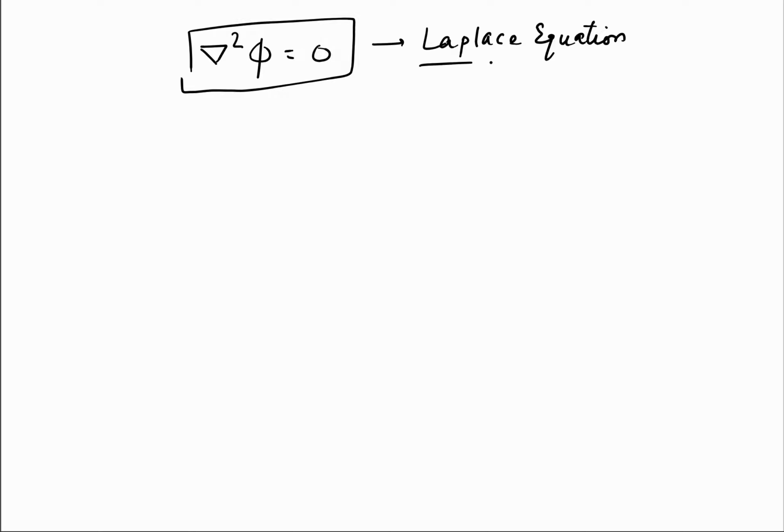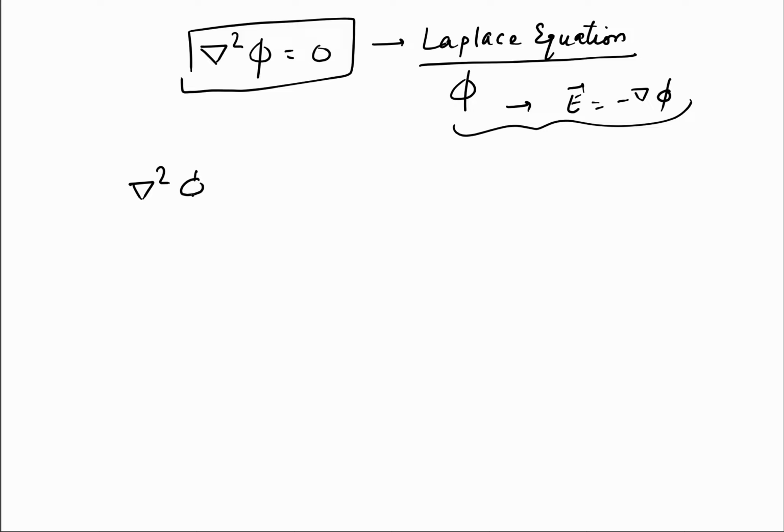These two equations are very important for electrostatics, because if we know how to solve them, we can get the potential distribution, and from that we can get the electrostatic field just by taking the gradient of the potential. So we should know, at least for some cases, how to solve such equations. Now in Cartesian form, I can write this Laplacian as dou square by dou x square plus dou square by dou y square plus dou square by dou z square.